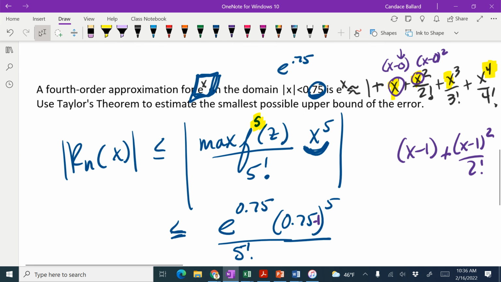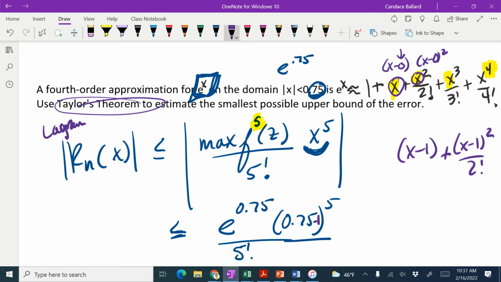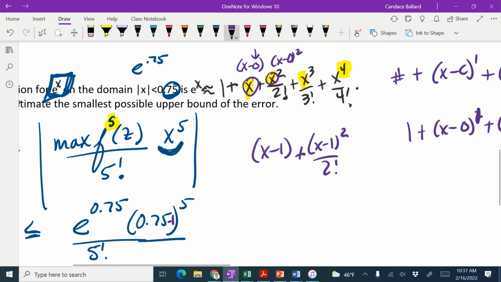No. We're using Taylor's theorem, which is the same as the Lagrange error bound. So don't mix it up, okay? Say it again, Erica. Because it did not give you a value in here.